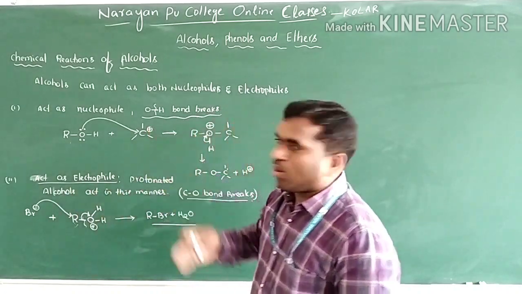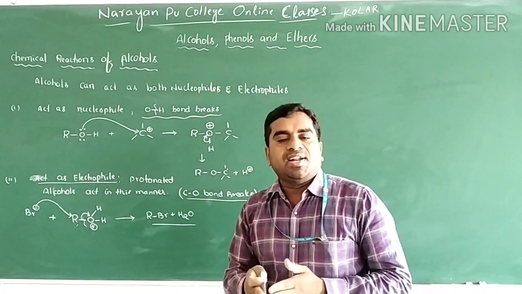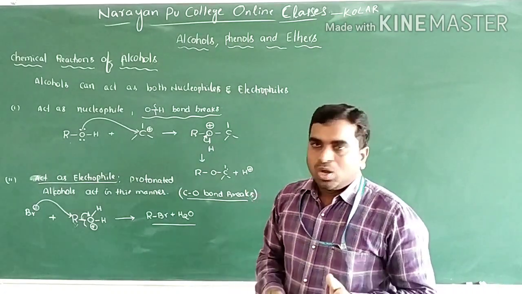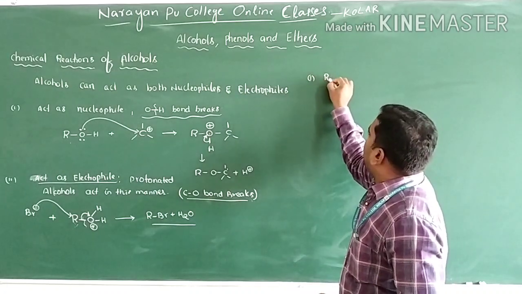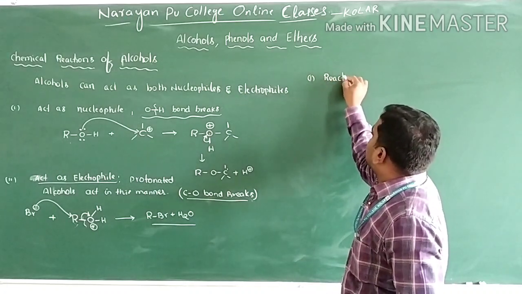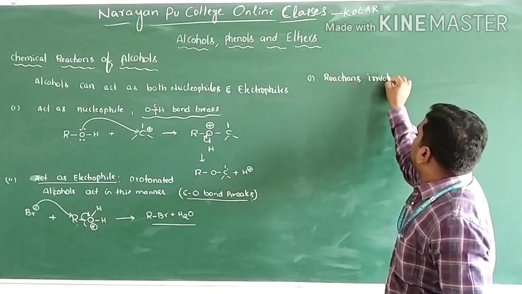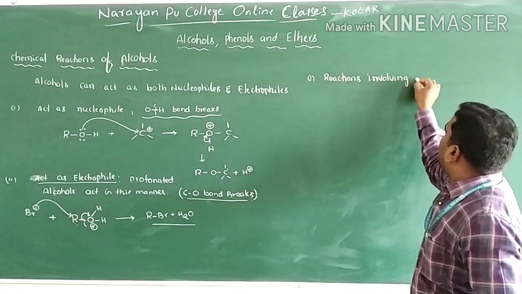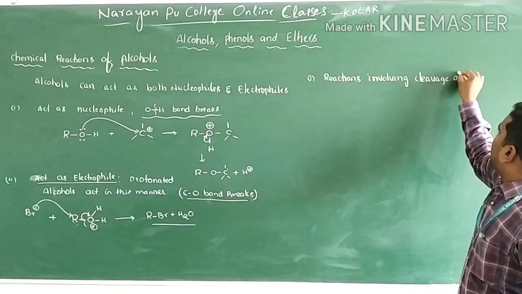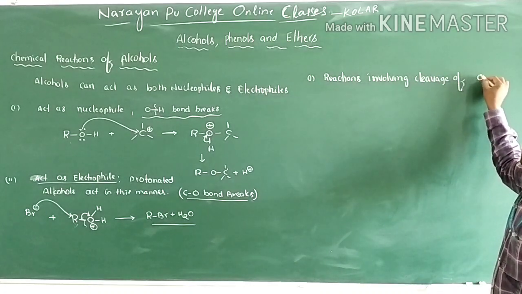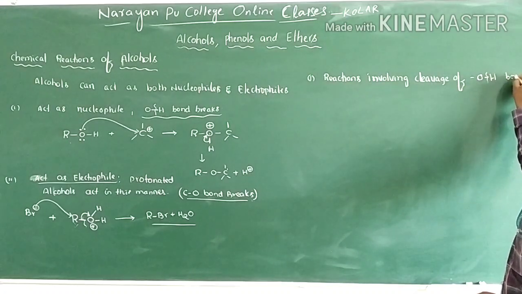Based on this concept, the reactions of alcohols are divided into two types. One is reactions involving cleavage of the OH bond.